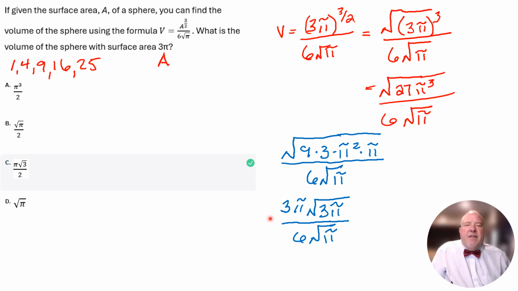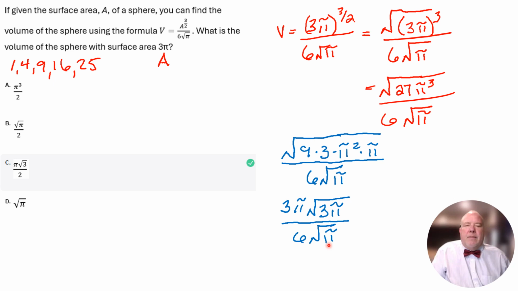You can simplify things outside the radical, and you can simplify things inside the radical. You can't simplify something in the radical with something outside the radical, like this pi and this pi, because this one is not under a radical symbol. So the 3 over 6 becomes 1/2, and the pi and pi inside the radical disappear. They cancel each other out.